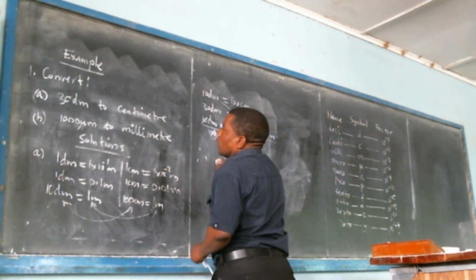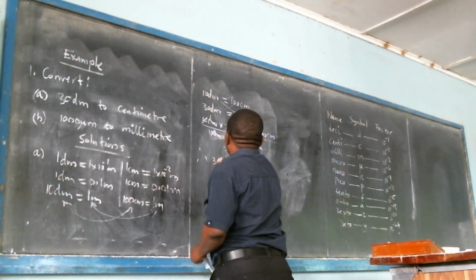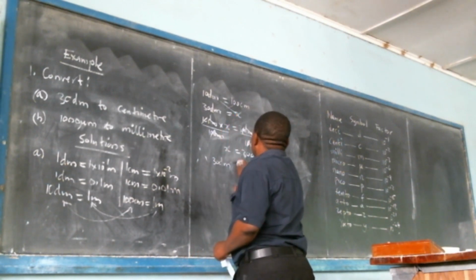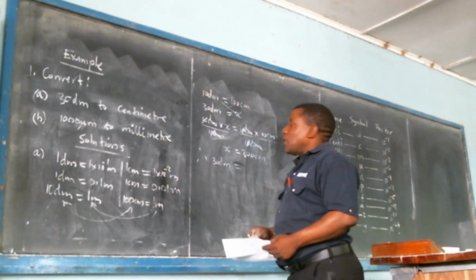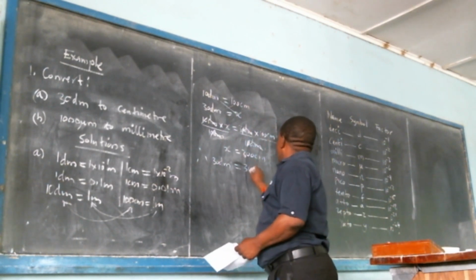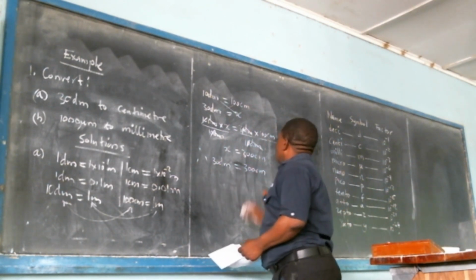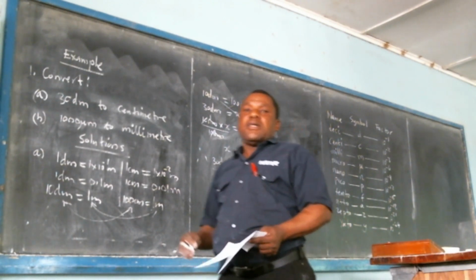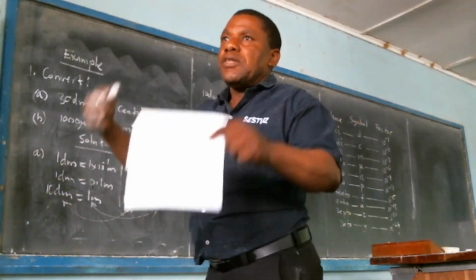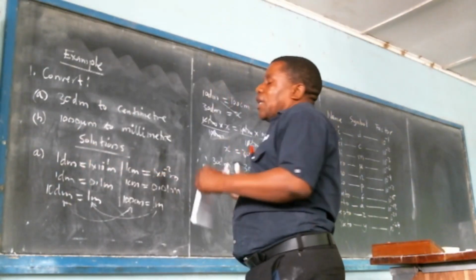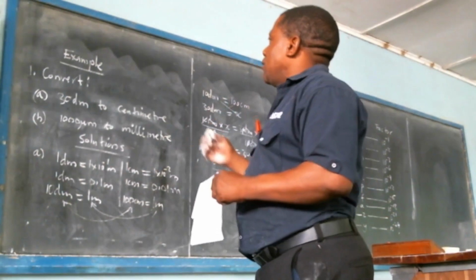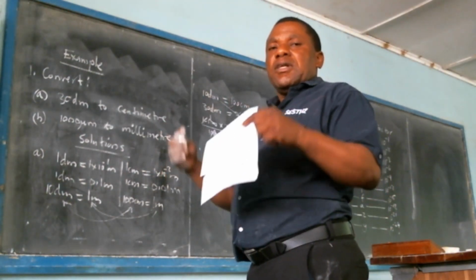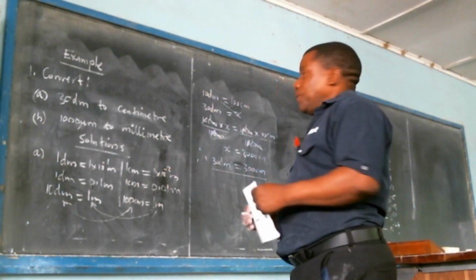Therefore, I can say that 30 decimeters is actually equivalent to 300 centimeters. So we have converted from decimeters to centimeters. However, you can't go directly from decimeter to meter. You first need to make a standard scale that will help you to cross over.